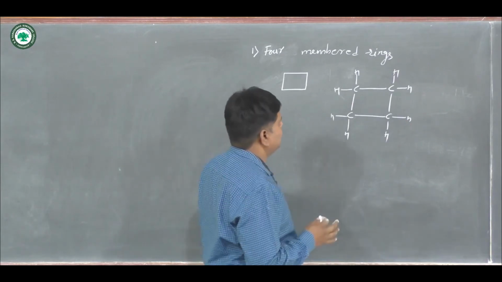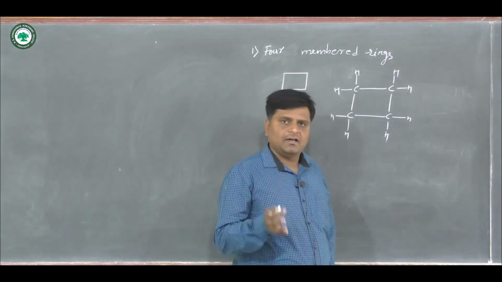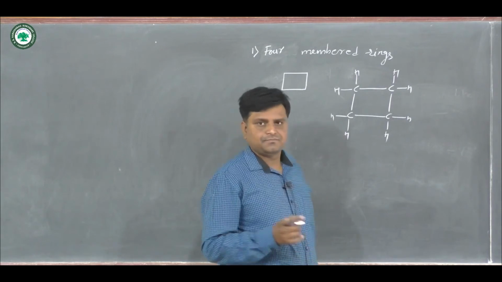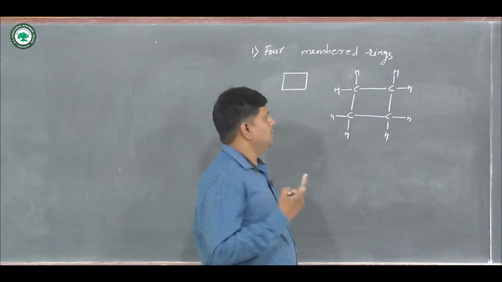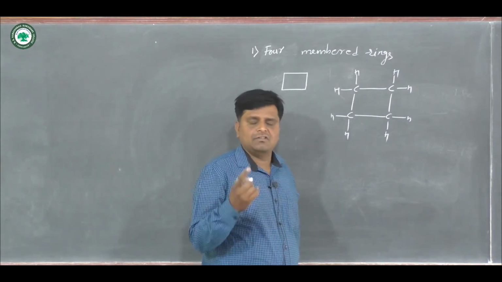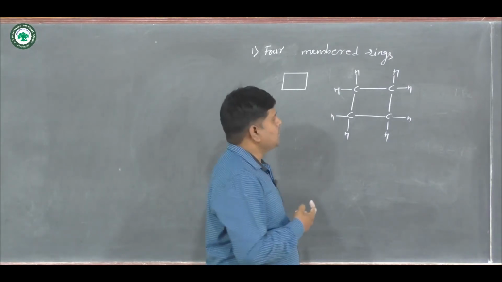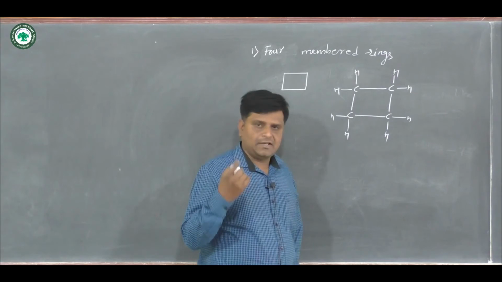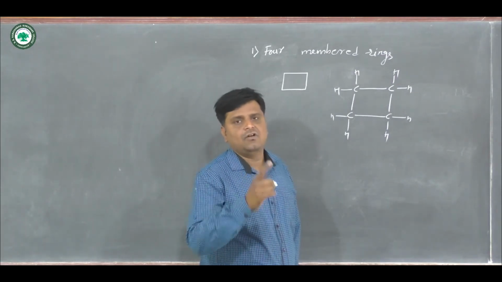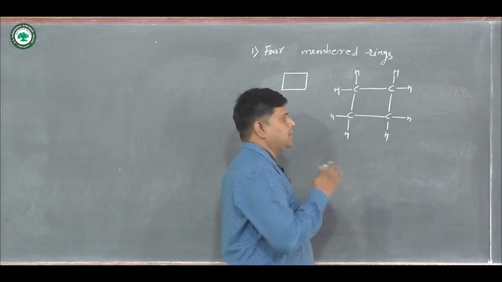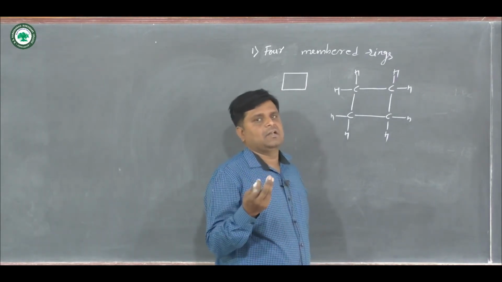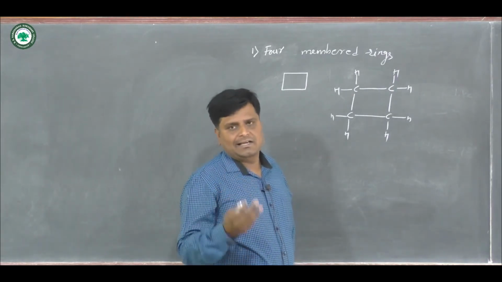This is the structure, and it also has two types of strain. Which two types of strain are there? The first one is the angle strain, and the other is the torsional, or eclipsing, strain, and eclipsing strain is the major one. So the predominant strain present in the four-membered ring system is the eclipsing strain.